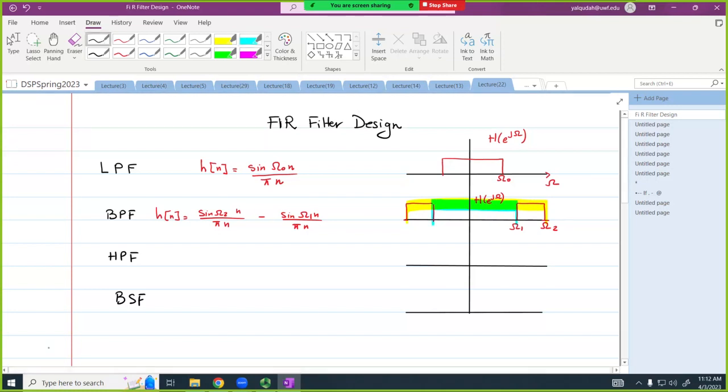Okay, if we have a high pass filter, who wants to guess? Oh, let me plot it first. What do you think the impulse response of this filter is going to be?